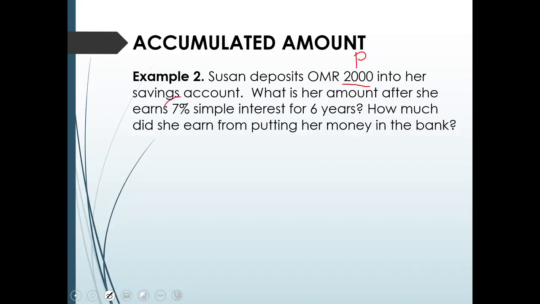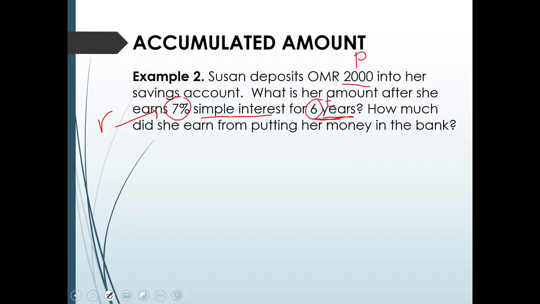Next, the rate, 7%. Simple interest, so we are sure that we will apply the formulas for simple interest. 6 years, already in years, so T will be 6.